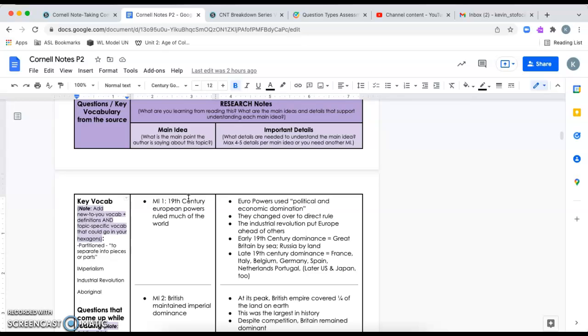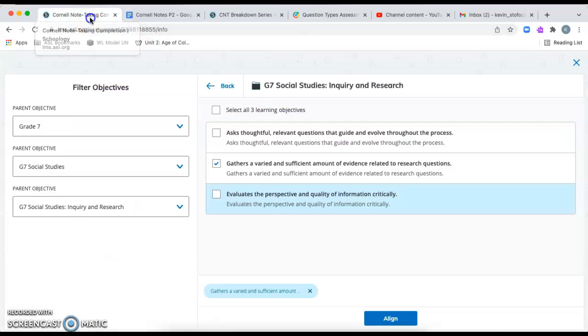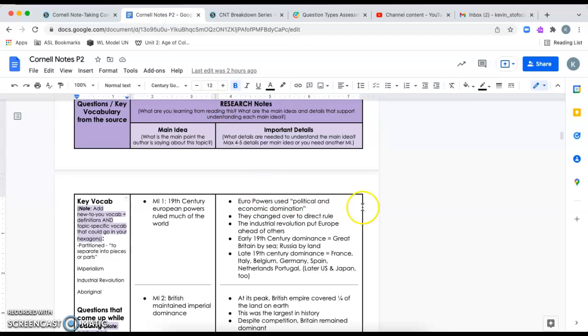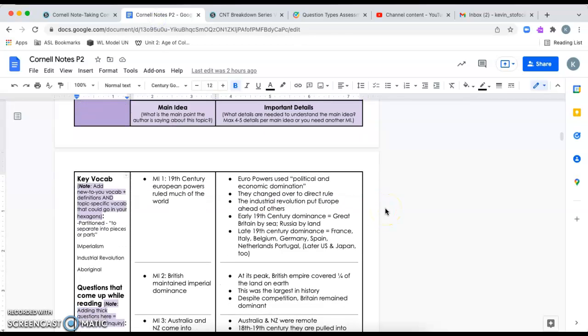Then when we keep thinking, I want you to keep this concept of gathered a varied and sufficient amount of evidence related to research questions in mind. That's why I would say you usually want to be hitting about 4 details per main idea.